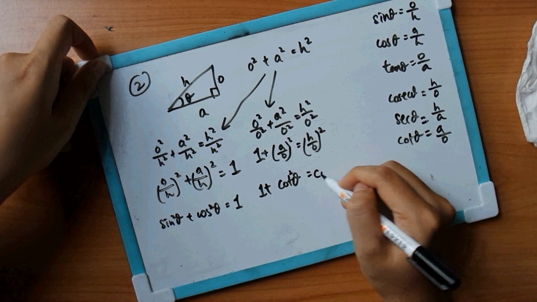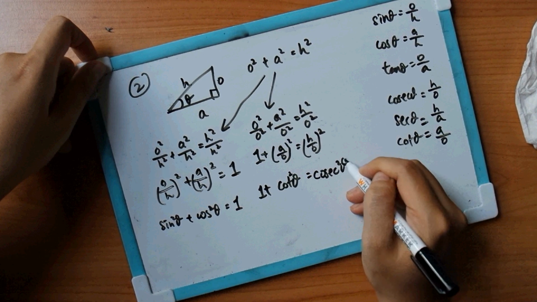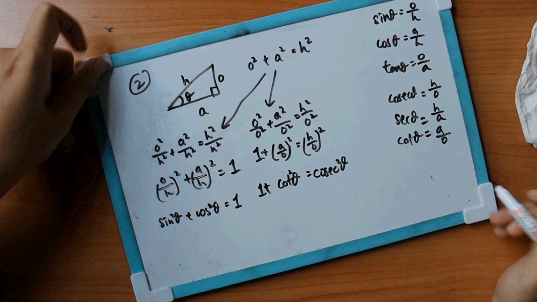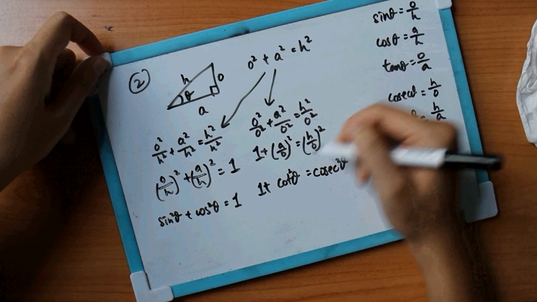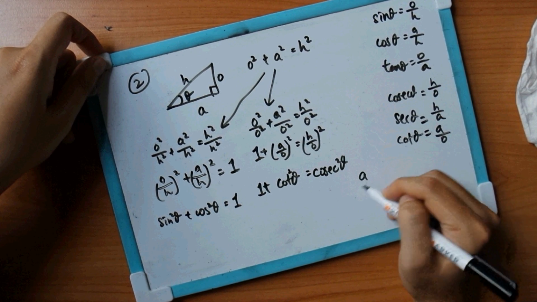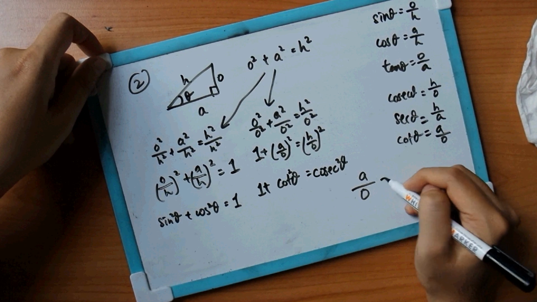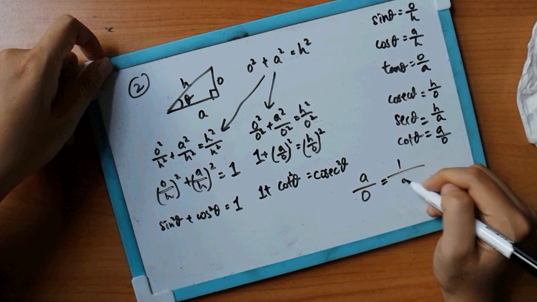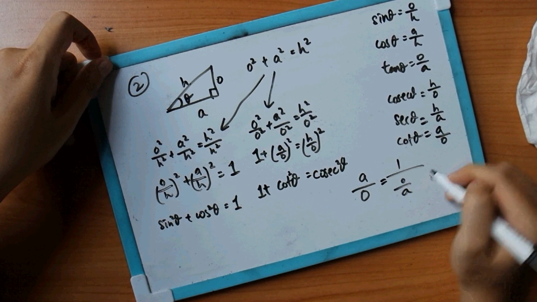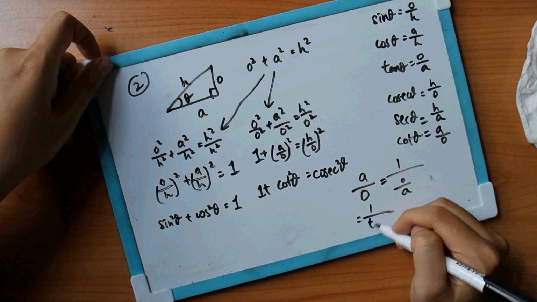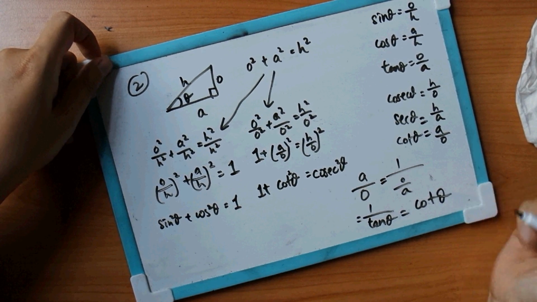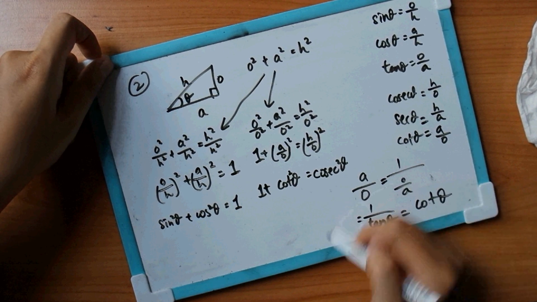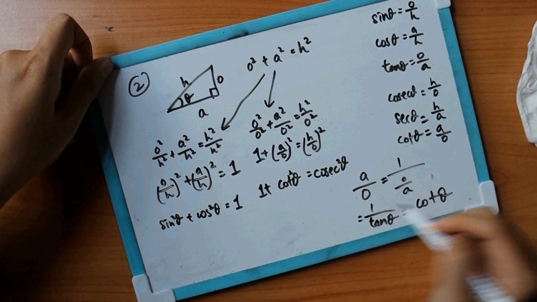It is cosecant. In the event you don't want to do this, A over O, you just need to know that A over O, just simple algebra, right? It's just 1 over O over A, which is also 1 over tangent, which is also cotangent. There's another way to think about it. It's just algebra.